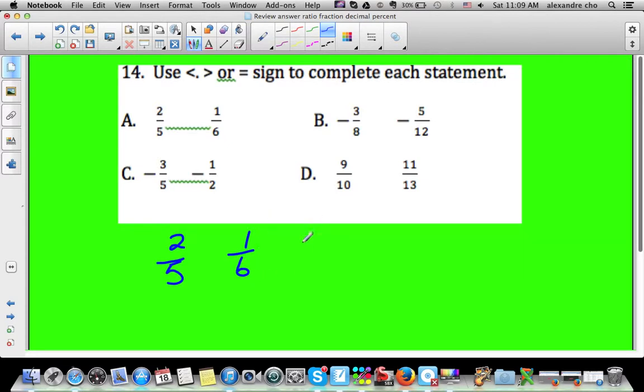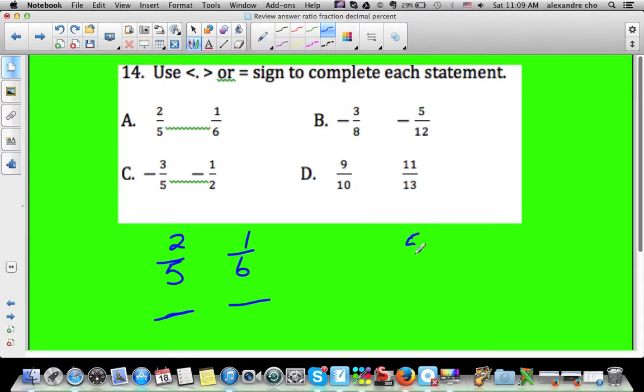Well, step 1, I would, and you should, change the denominators so that they are the same. So instead of them being different, I would make them the same. So think of a number that 5 and 6 can both go into. Okay, and we're talking now about LCM.